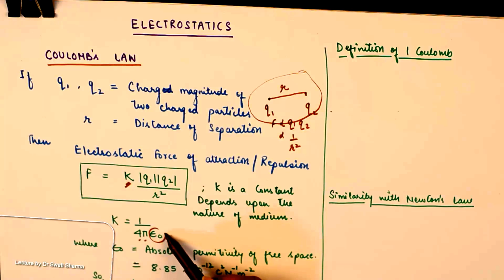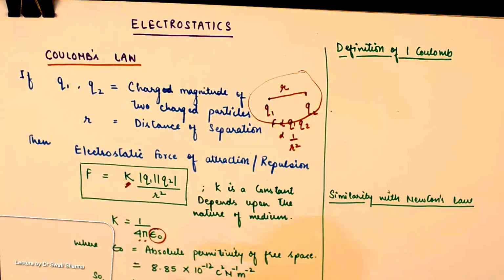The parameter epsilon naught will decide the value of k, and as I just mentioned that k depends upon the medium, epsilon is different for different mediums. When I say epsilon naught, I am specifically talking about the absolute permittivity of free space.